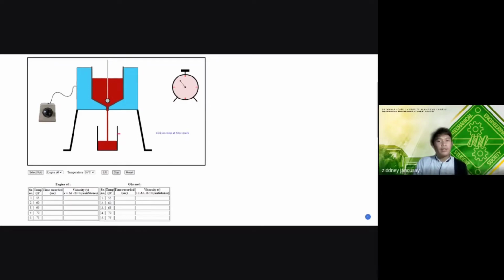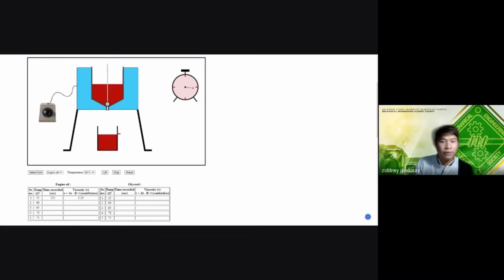Now, we will just wait and observe the rise of the fluid until it reaches the 50 cc mark, which is, as you can see, the red line on the upper part of the flask. Then, after that, we will record the time it took for the fluid to reach the red mark.